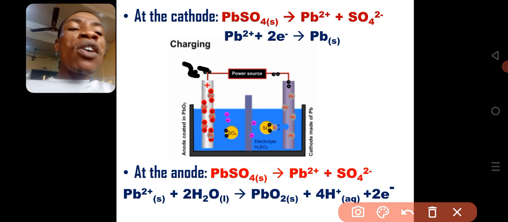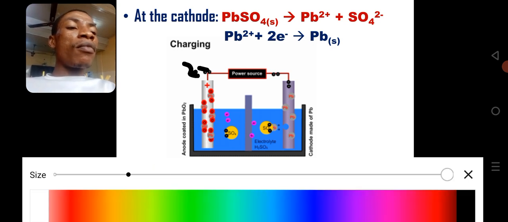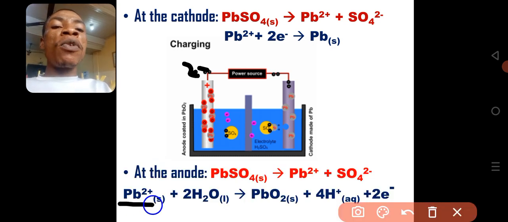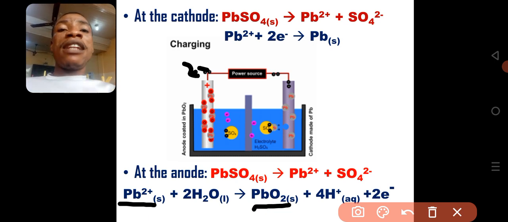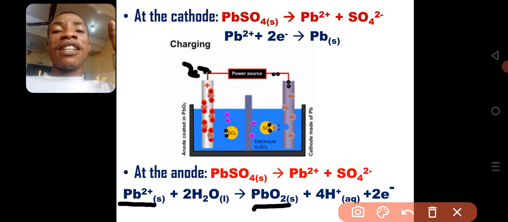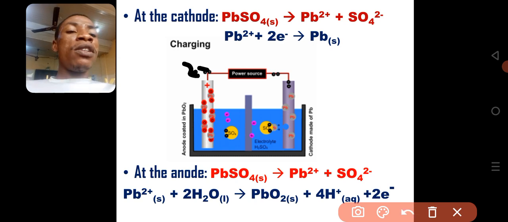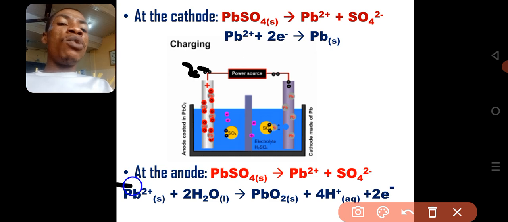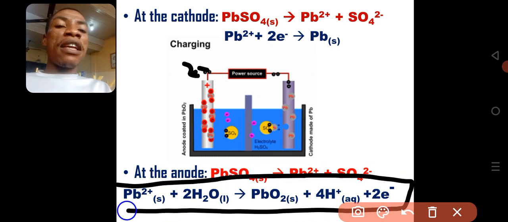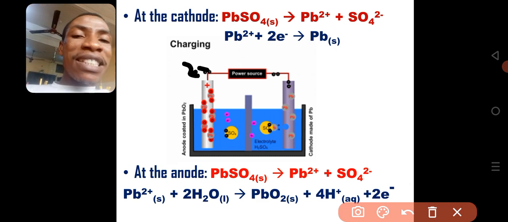Then the Pb2+ that is formed will become oxidized into lead-4 oxide. So Pb2+ here changes to PbO2, that's lead-4 oxide. So that's oxidation, an increase in oxidation number from +2 to +4. Then if you balance that equation in acidic medium, you will get this particular equation.